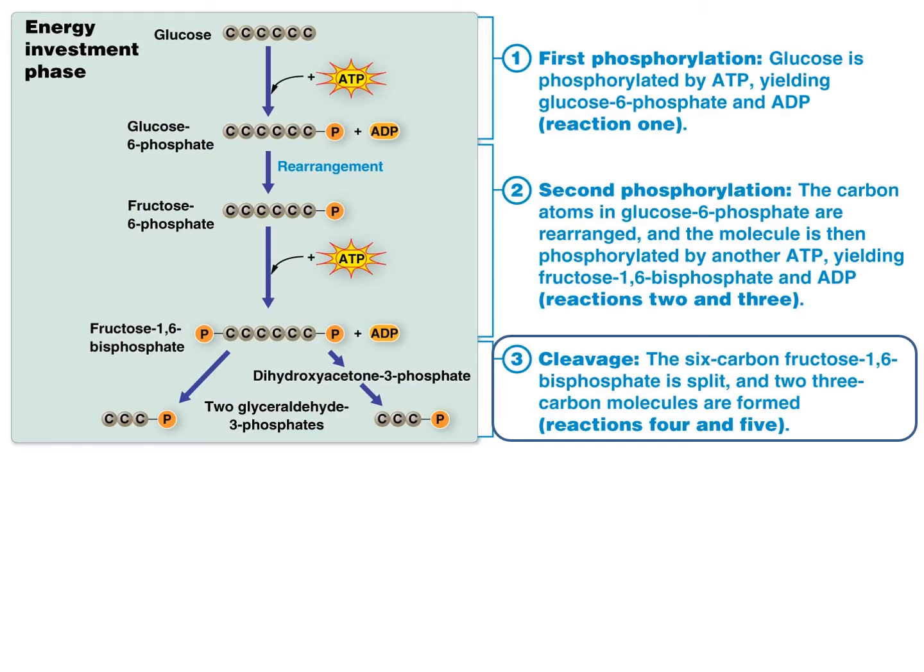Here in this third step of the energy investment phase, the fructose 1,6-bisphosphate is rearranged to form glyceraldehyde 3-phosphate and dihydroxyacetone phosphate, which is converted to glyceraldehyde 3-phosphate. So we end up with 2 molecules of glyceraldehyde 3-phosphate at the end.